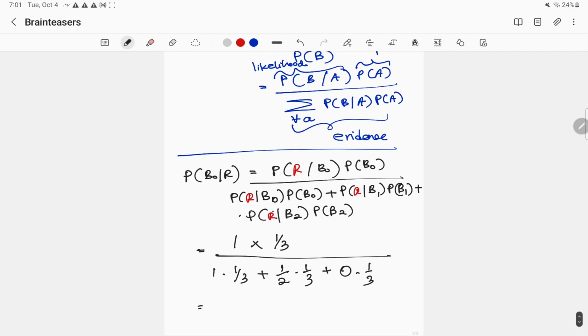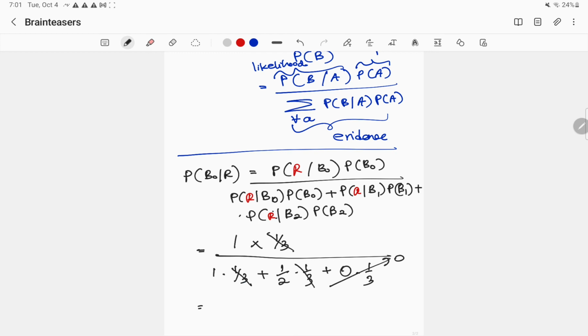So we can see that this goes to 0, and all the 1/3 terms are cancelling out. What is left?